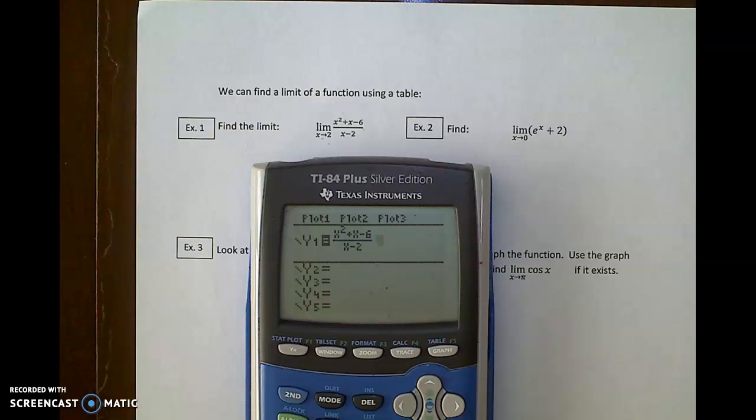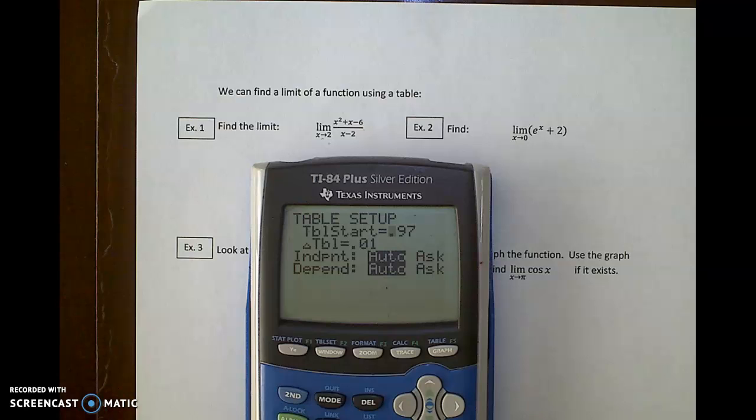Again, we don't want to graph this. We want to look at the table for this. So the next thing you're going to do is press second, then table set. Let's start our table at 1, and we want our table to change by 0.5.